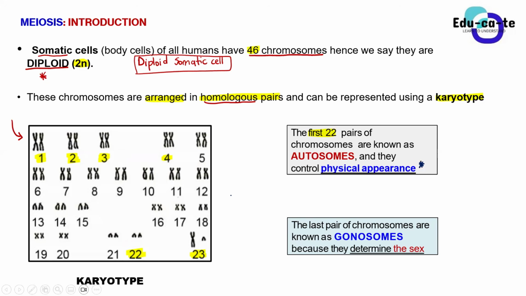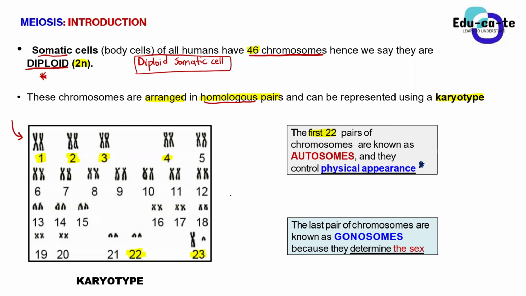When we're talking about your physical appearance, we are talking about how you look, literally your physical appearance, how your nose looks, the shape of your head, your skin color, how your eyebrows look. All of those are physical characteristics. So all of those physical characteristics are controlled by the what? By the first 22 pairs of chromosomes that are known as the autosomes.